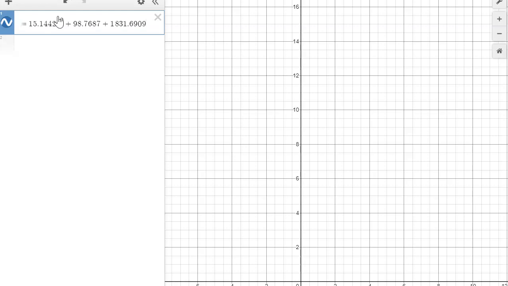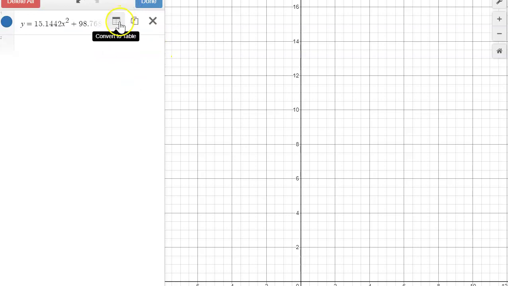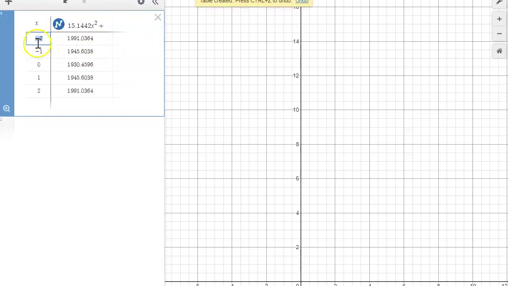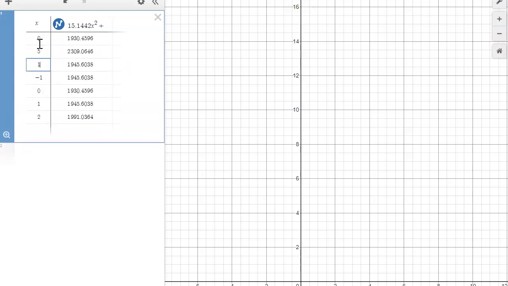And then I want to turn this into a table of values. So I go to edit list and I press convert to table. And instead of starting at -2, I want to start at 0, and then count by 5s.